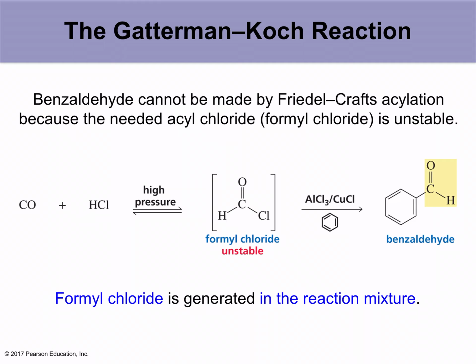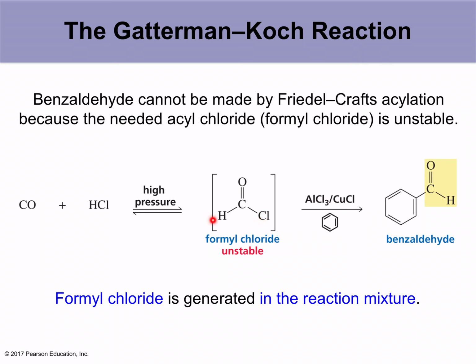If you want to add a formyl group, which is a carbonyl group with hydrogen, coming from formic acid, or you can say formyl chloride. Okay, benzaldehyde cannot be made. So this is benzaldehyde. It cannot be made by Friedel-Crafts acylation because the needed acyl chloride, which is formyl chloride, is unstable.